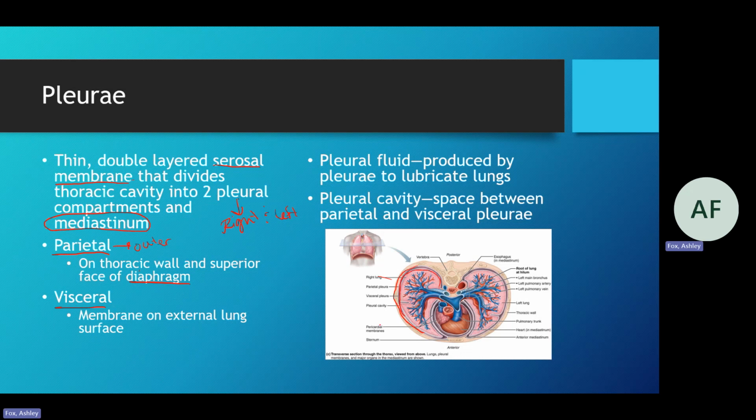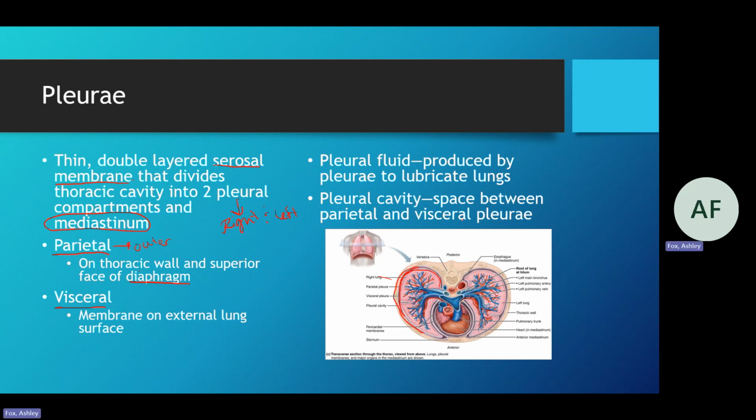So it's again a double membrane. The pleural cavity is this teeny tiny space that's between the two layers of the pleura. So the parietal pleura on the thoracic wall, and the visceral pleura on the lung surface. So the space between those is our pleural cavity.